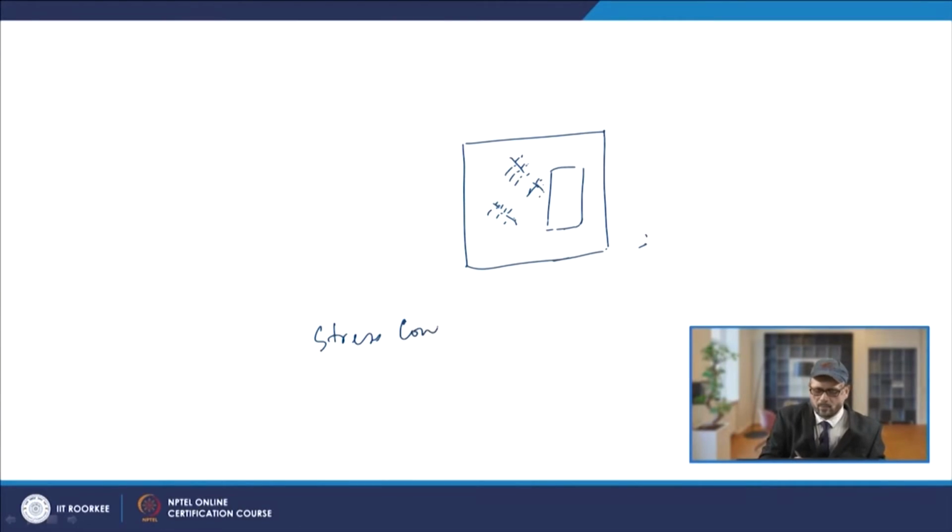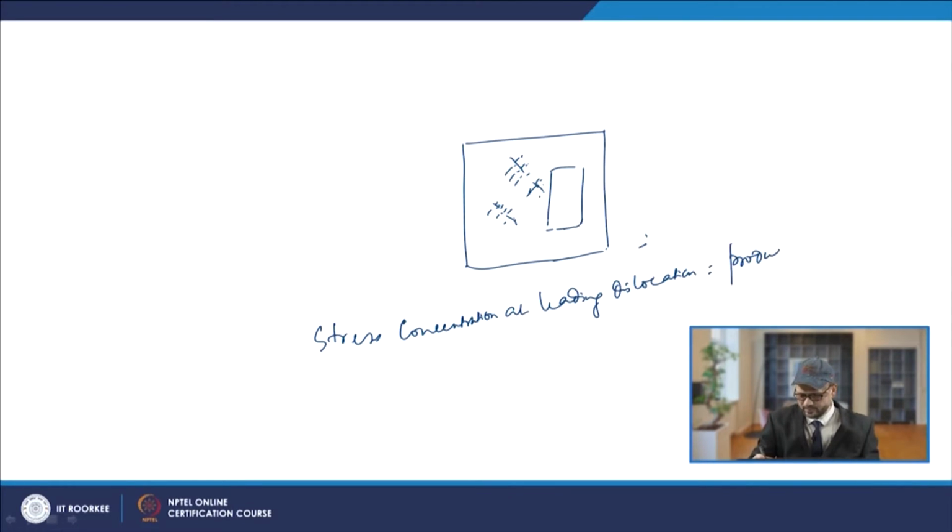Now, when you have the piled up area of dislocations, the stress concentration at the leading dislocation will be the product of the critical resolved shear stress on the slip plane and the number of dislocations in the pile up.